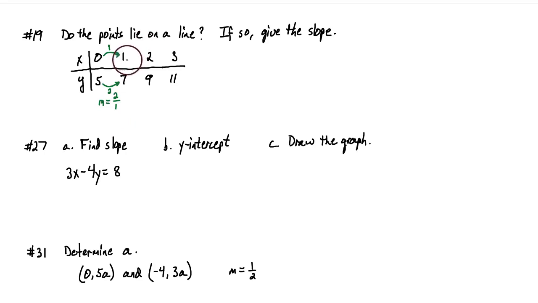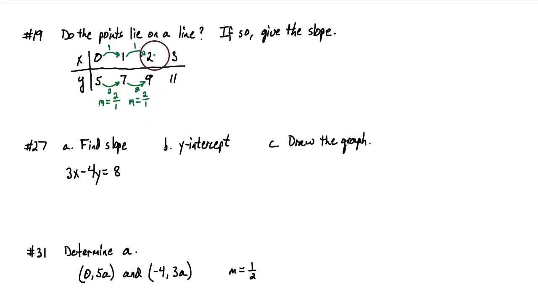Let's see what happens between the second ordered pair and the third ordered pair. From a 1 to a 2, the x value has increased by 1. From a 7 to a 9, the y value has increased by 2. That is a rate of change, or slope, of 2 over 1.